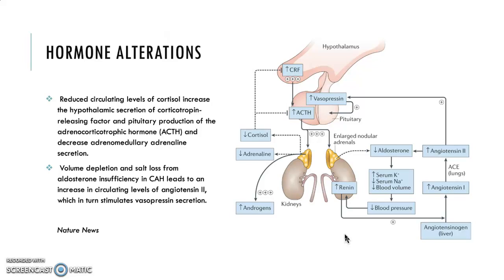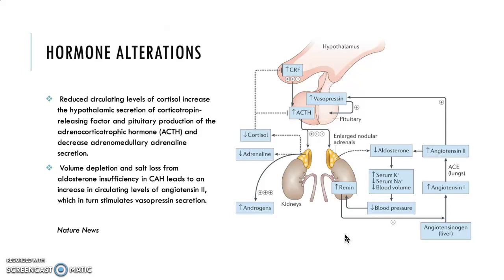Two points that I have on my slide are that reduced circulating levels of cortisol increase the hypothalamic secretion of corticotropin releasing factor and pituitary production of adrenocorticotropic hormone, ACTH, and decrease adrenomedullary adrenaline secretion. Again, those are just the dashed arrows pointing over to the decreased adrenaline and the decreased cortisol.